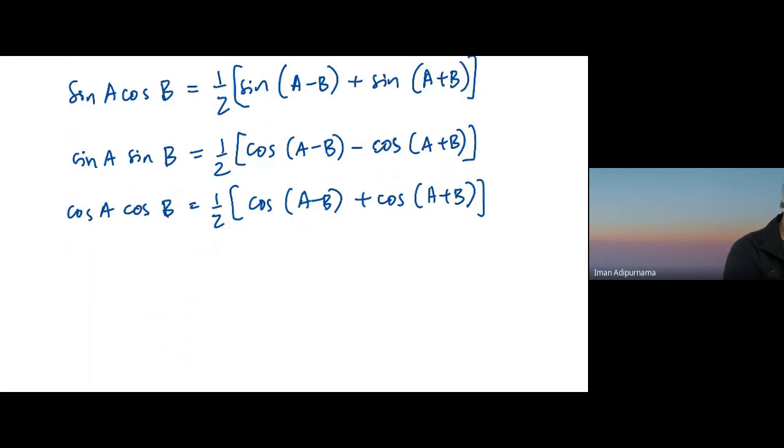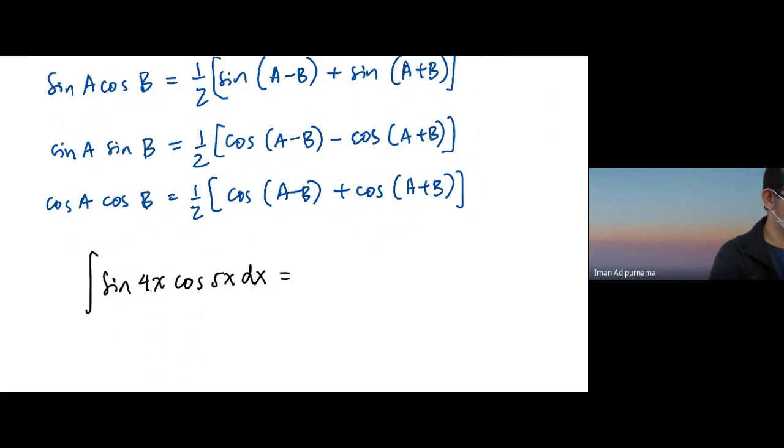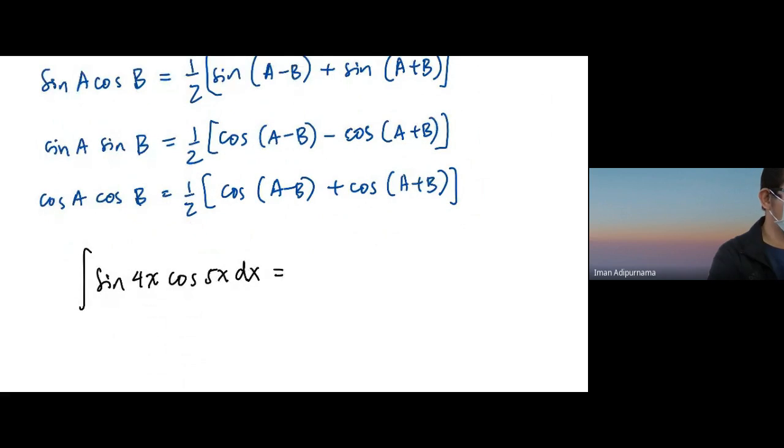So whenever you find maybe the integral of sine 4x cos 5x dx, you can exchange to this product identity. So you have half sine of 4 minus 5 x, and then plus sine 9x, and then dx.